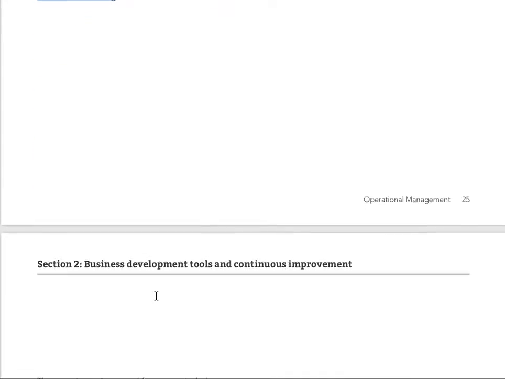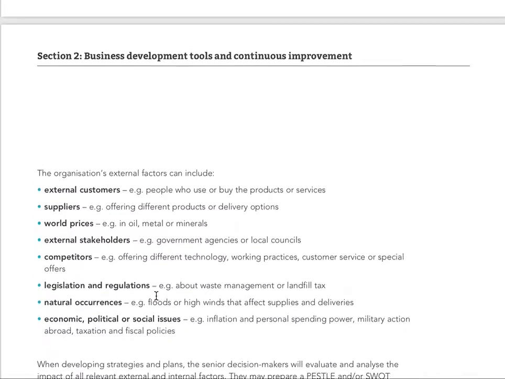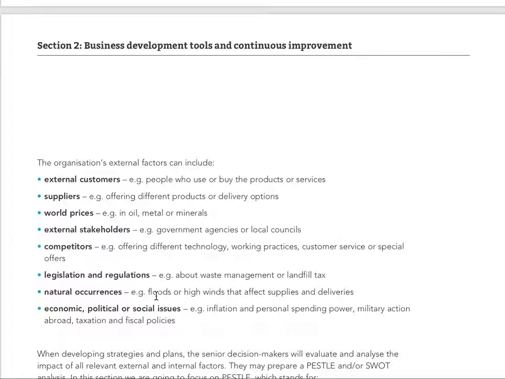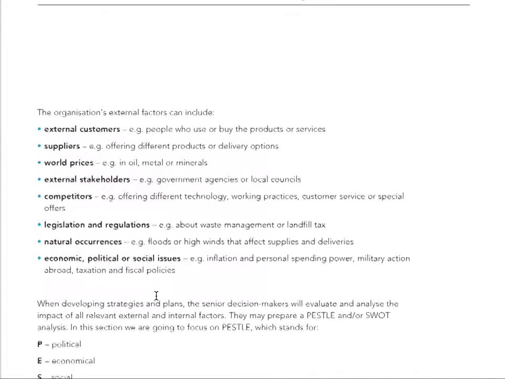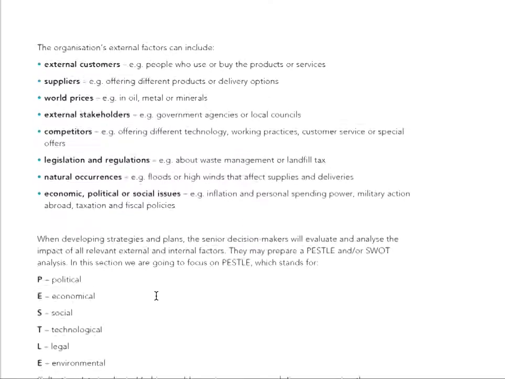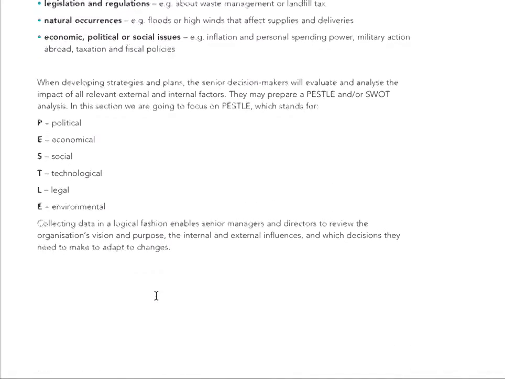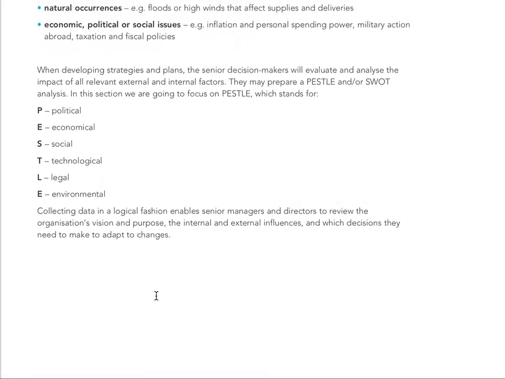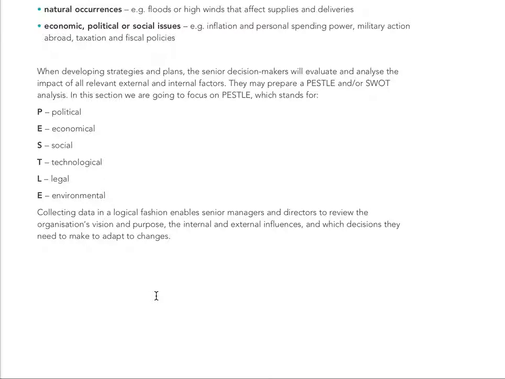Now, within this, it's important to look at how you can improve it. In this unit, what it's asking you to do is understand how you can improve what you've got, which is PESTLE, and it is SWOT. I don't need to explain that because, as I mentioned in lesson 1, if you haven't watched it, I've asked you to watch the level 3 section 1 video that I made on this YouTube channel because it explains this in a lot more detail.